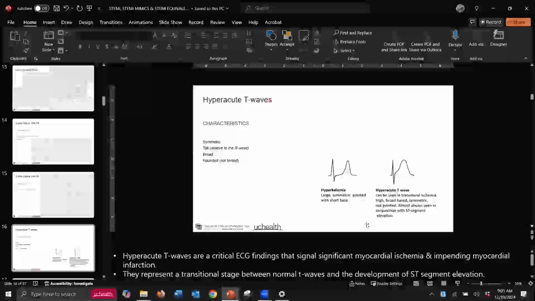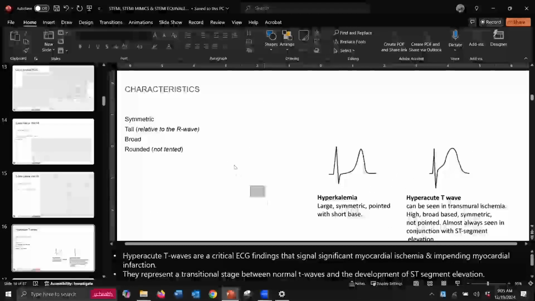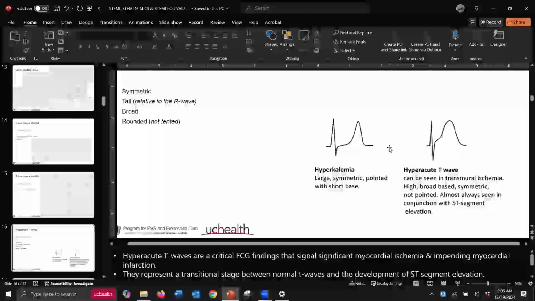Okay, so here is an example of that hyperacute, or that DeWinter's T wave, right? It's huge, it's tall, it's probably as tall or taller than the QRS in the hyperacute phase.